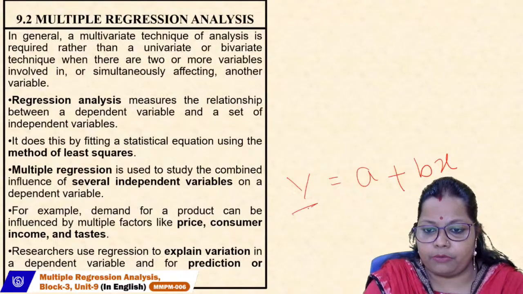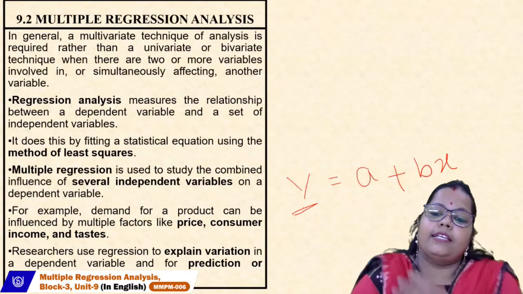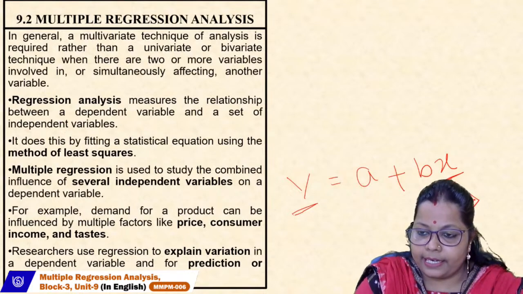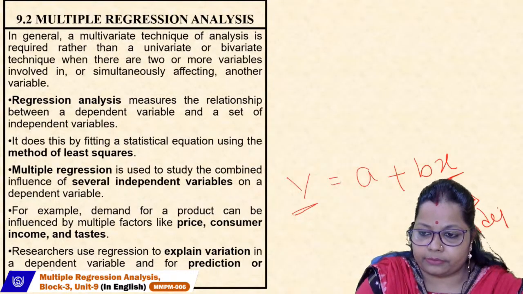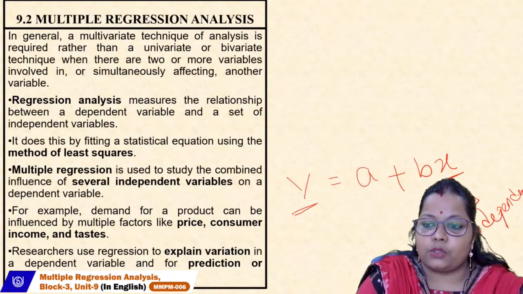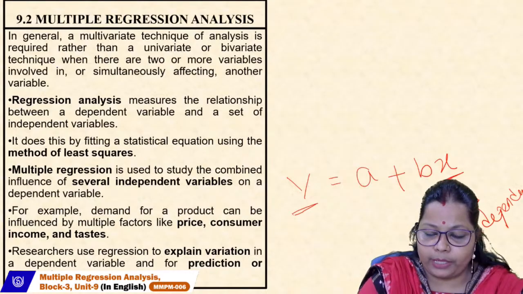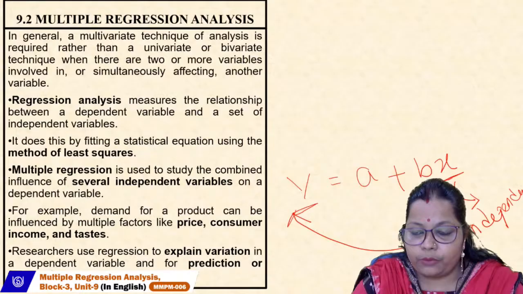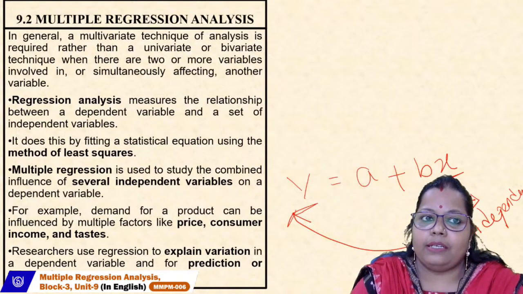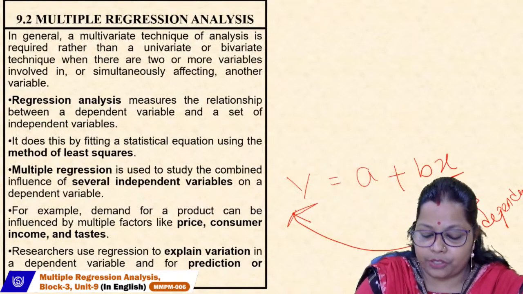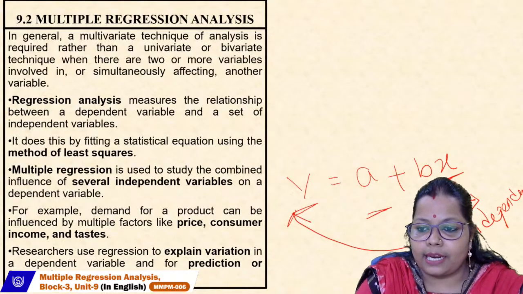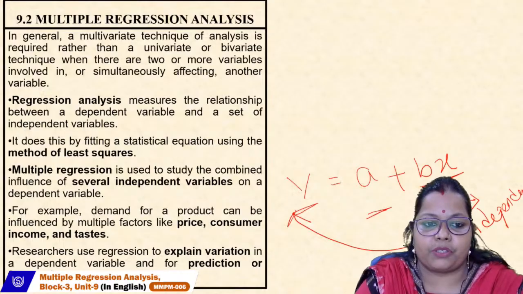So here the variable y is determined by the value of x. It means here x is an independent variable. So this independent variable is impacting the dependent variable, as we covered in our linear regression equation, and a is the constant and b is the slope of the equation.